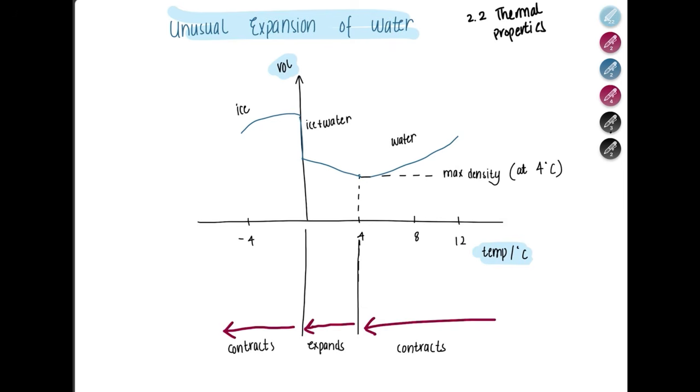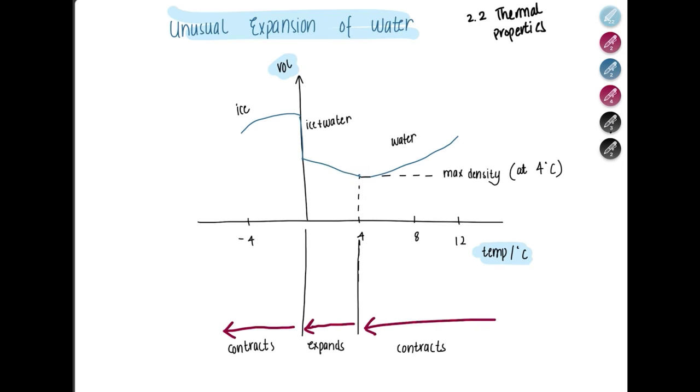But the thing is, after 4 degrees Celsius, it changes. Even though the temperature is reducing, it starts expanding. This is unusual because it only happens with water molecules. It doesn't happen with other substances. So at 4 degrees Celsius, you have the maximum density, and it has contracted as much as it can, and then it starts expanding.